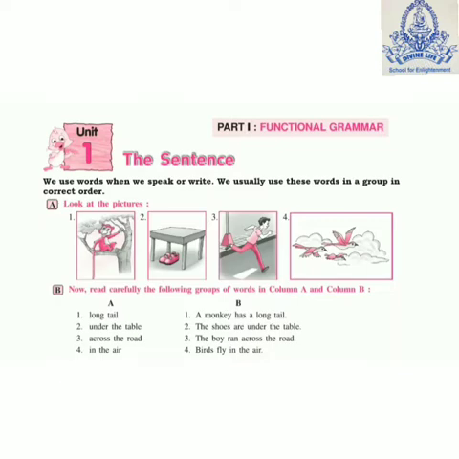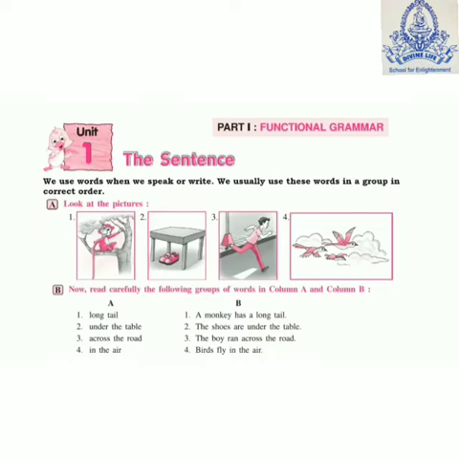Now, the same in example 2: under the table. The shoes are under the table. Under the table, is it a complete sentence? No, it makes sense, but it is not a complete sentence. So, in column B, the shoes are under the table. It makes a complete sense.